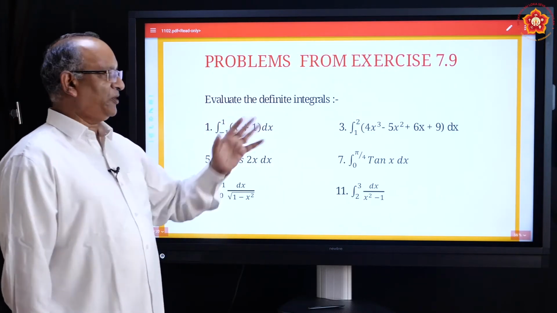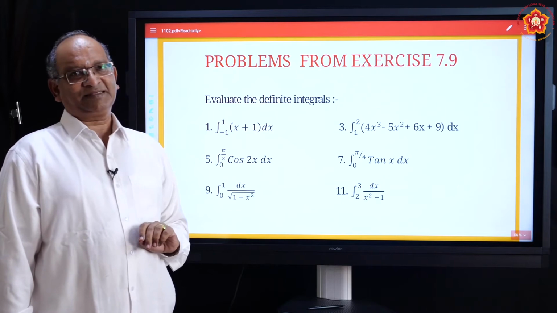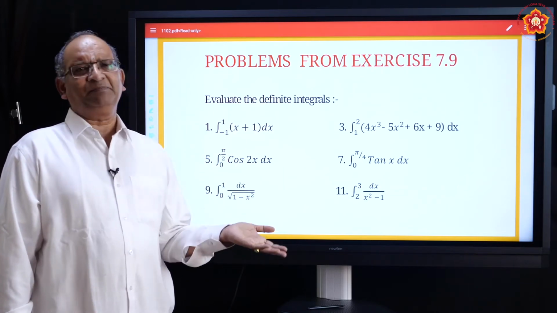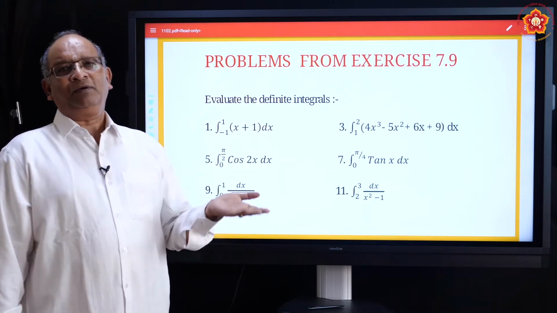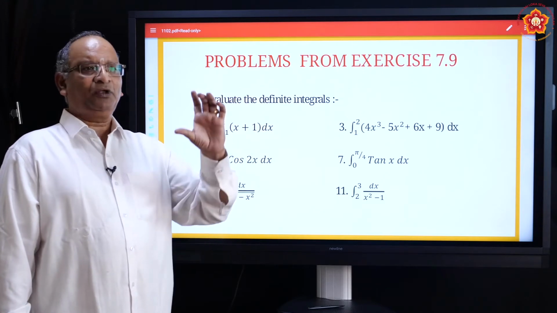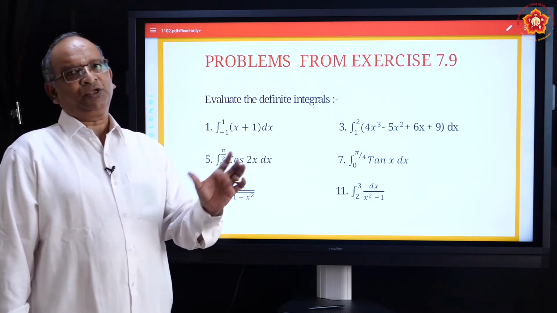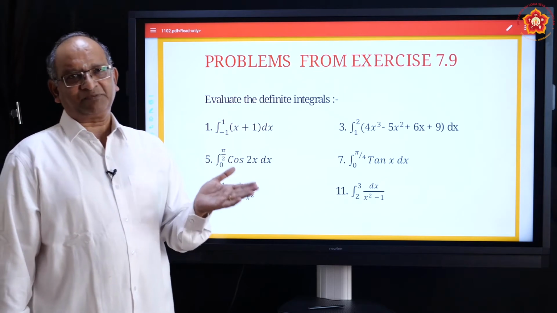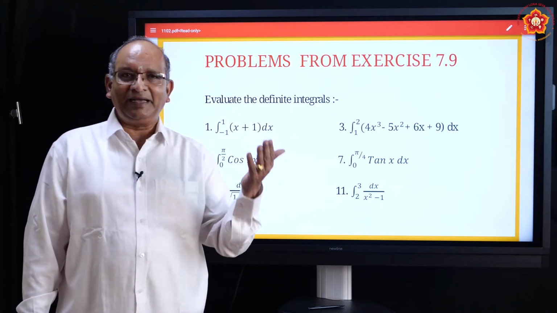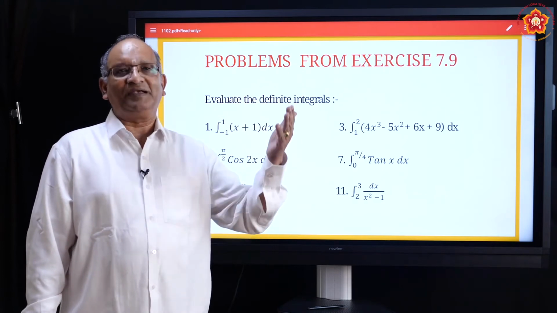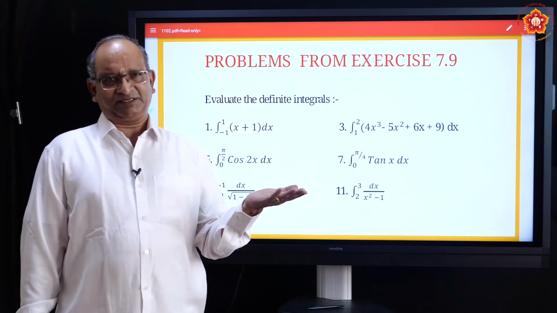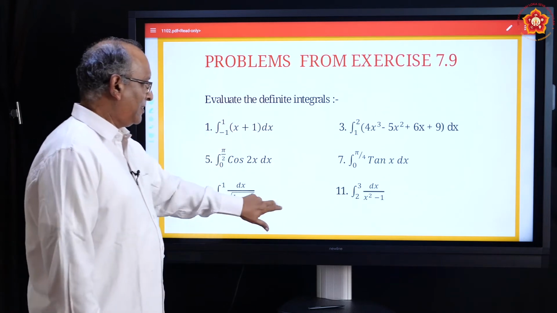These are the problems from Exercise 7.8, which we will do. They are very simple because you already learnt all types of integration, so it's more like a revision. Remember, only in the last step will we be substituting the limits. And remember also that there is no need of writing the constant of integration after integration, because it is going to vanish. Okay, so let us start.